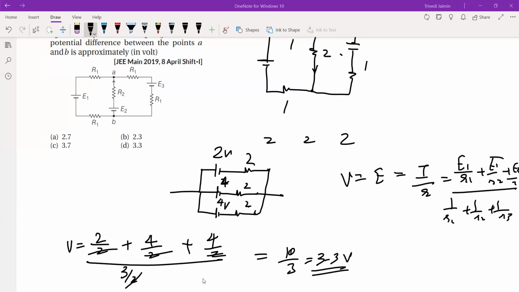Okay, you want me to go with the theory also? Then let's do theory now. Just let me open my notes.